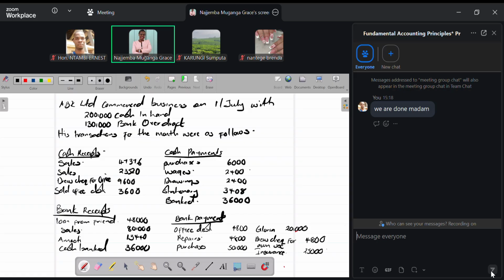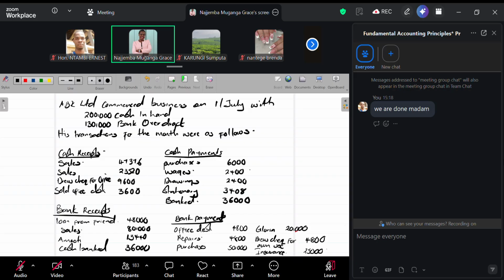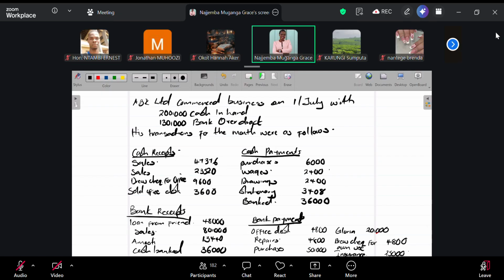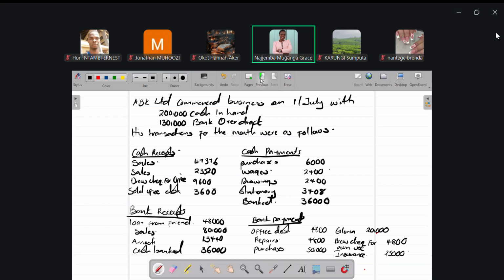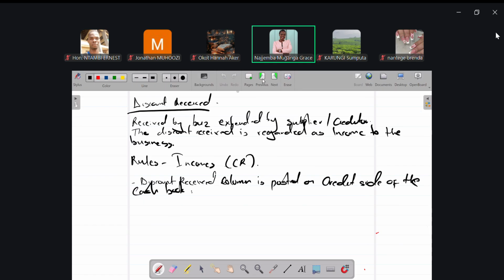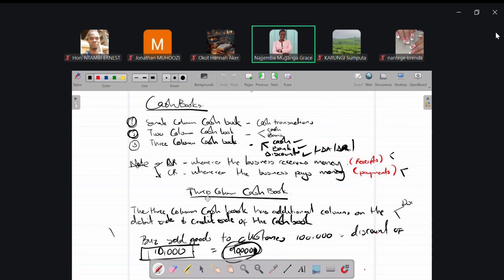When you read through the question, you're guided on which type of cash book you're supposed to prepare. Remember, we said there are 3 types of cash books: the single column cash book, the 2 column cash book, and the 3 column cash book.